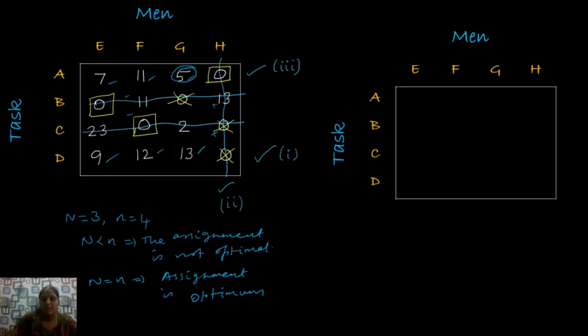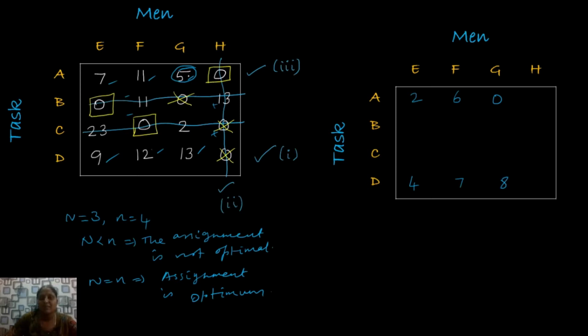At these points you have to add 5 and leave the remaining elements as they are. So 7 minus 5 is 2, 11 minus 5 is 6, 5 minus 5 is 0. And going to the last row, 9 minus 5 is 4, 12 minus 5 is 7, and 13 minus 5 is 8.